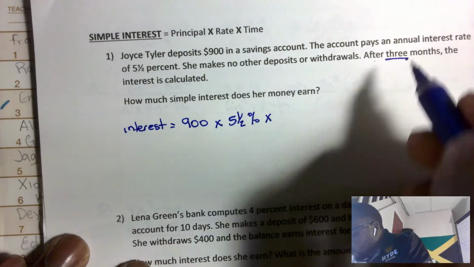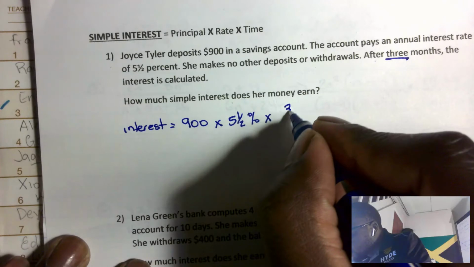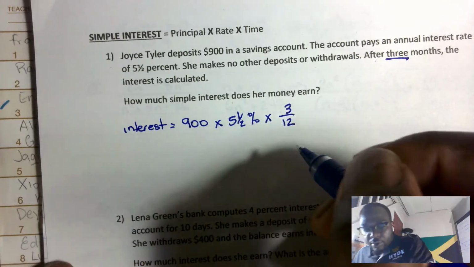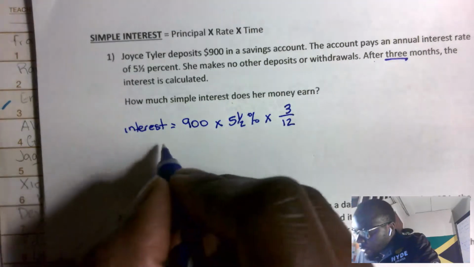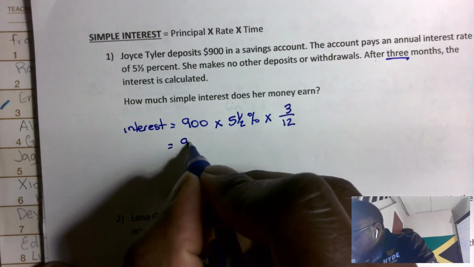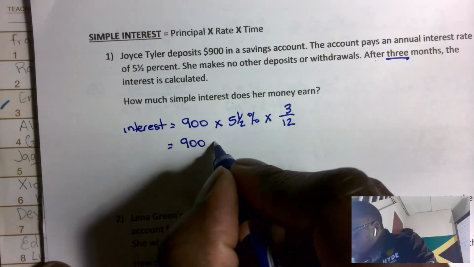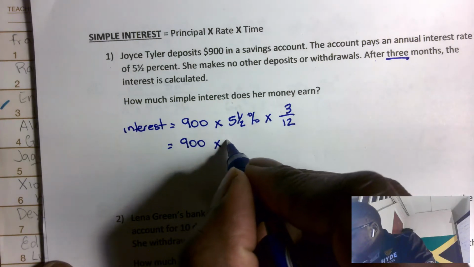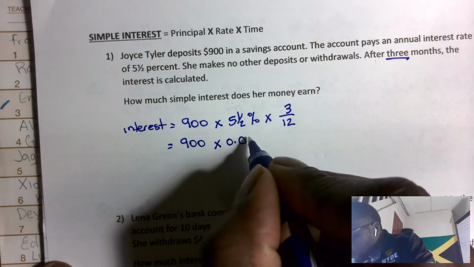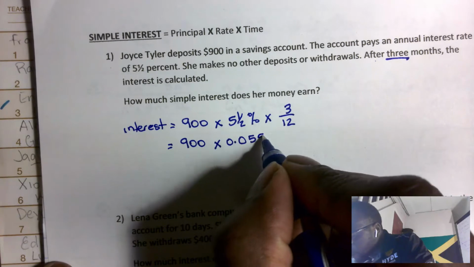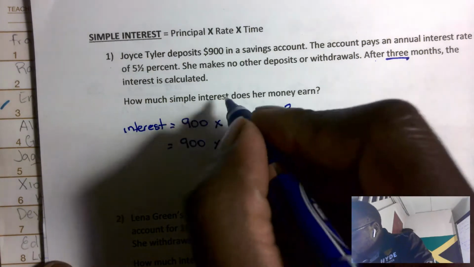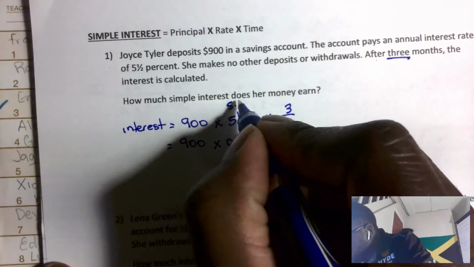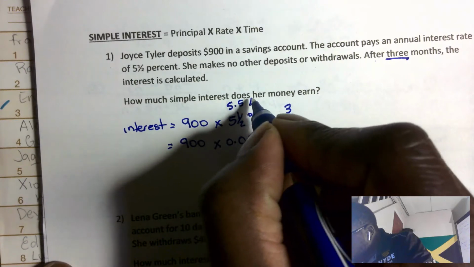It says 3 months, so I'm going to express it as 3 over 12. All right, so this is equal to 900 times, I'm going to change this to a decimal, which is 0.055, because this is 5.5%, okay?